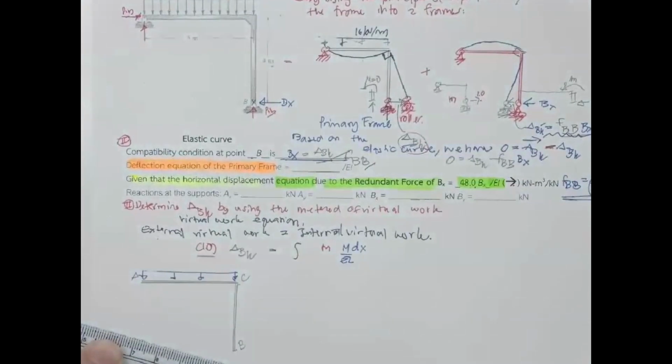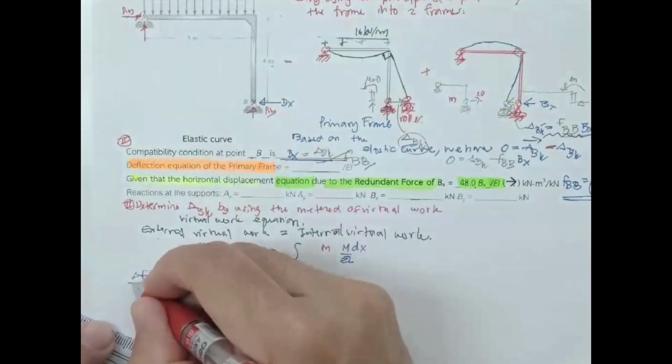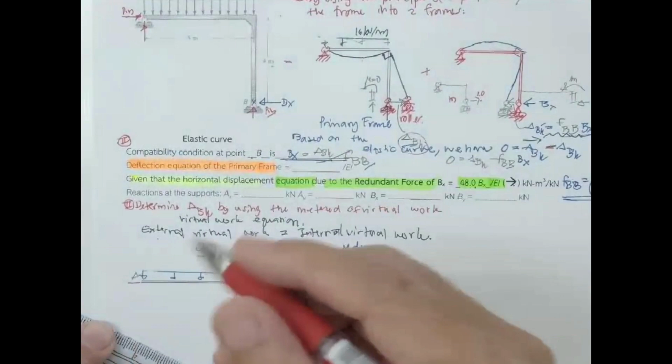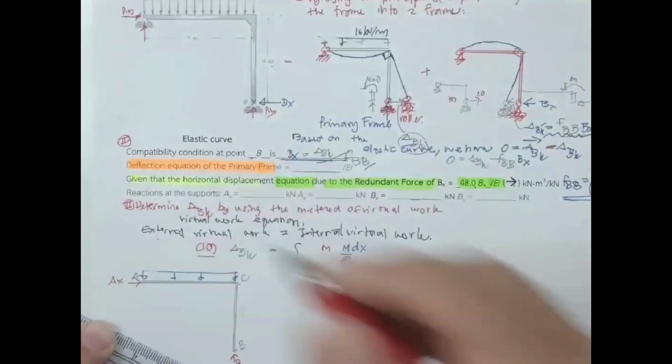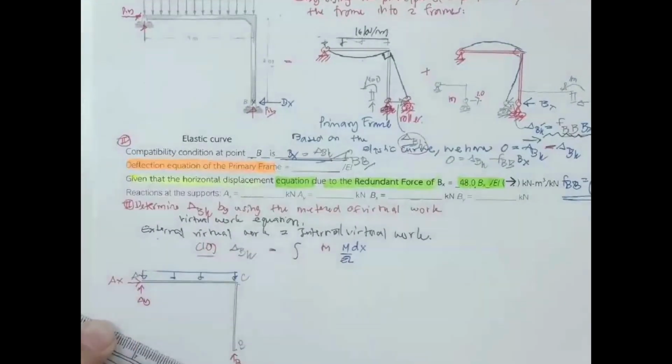The reaction here is going to be only B sub Y. Over here you should have A sub X, and over here you have A sub Y.